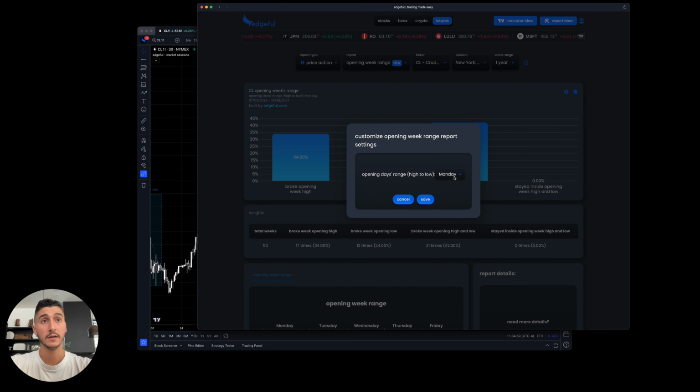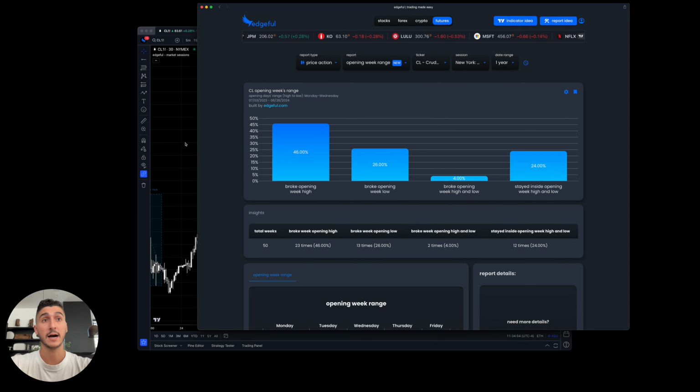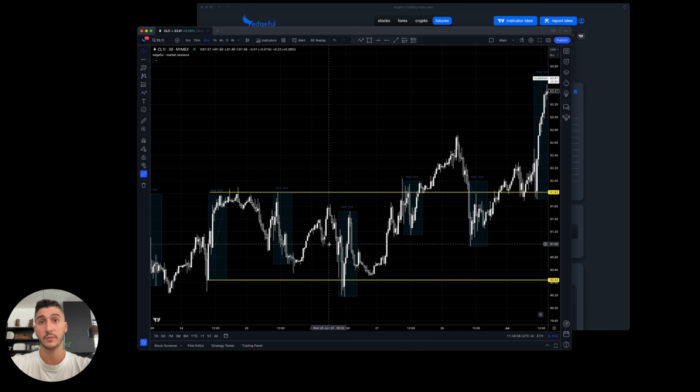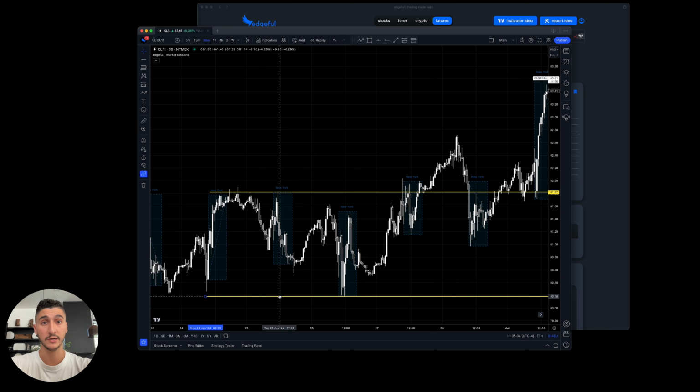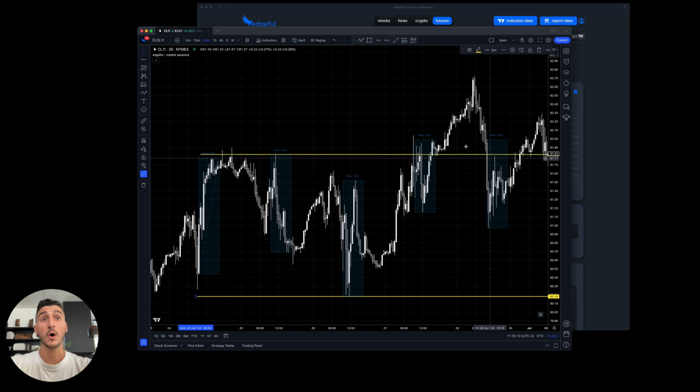Now let's look at Monday through Wednesday. What this is looking at is the highs and lows made from Monday to Wednesday. So now I'm looking from Monday to Wednesday. Where is the highest point in the New York sessions? Right here. Where is the lowest point? Now this changes down here. I'm going to zoom in here a little bit. You can see that only the highs have broken from Thursday and Friday, because we're using the Monday to Wednesday range to set the high and the low.